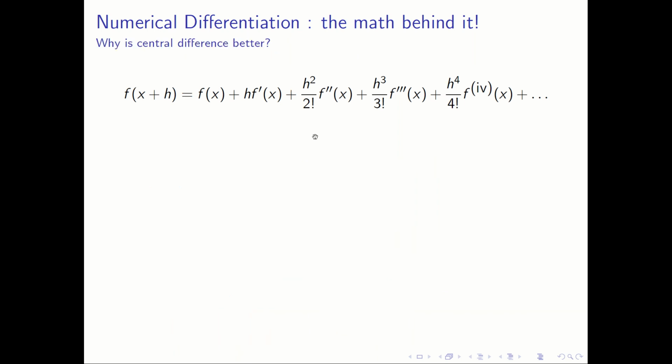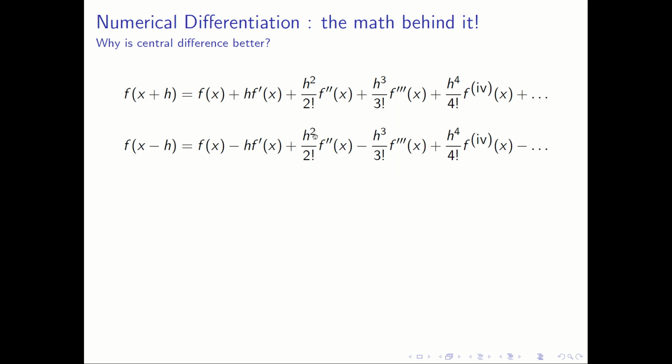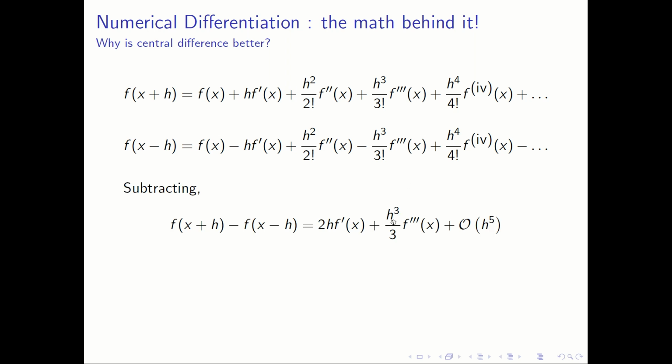Well, for this, let's write down both f of x plus h and f of x minus h. These are the two things which go in to calculate the central difference. Now if you subtract these two, notice not only does f of x go away, but this h square term also goes away. So the difference actually starts only at the h cube term, right? So this is the first term beyond what we have here, f prime x.